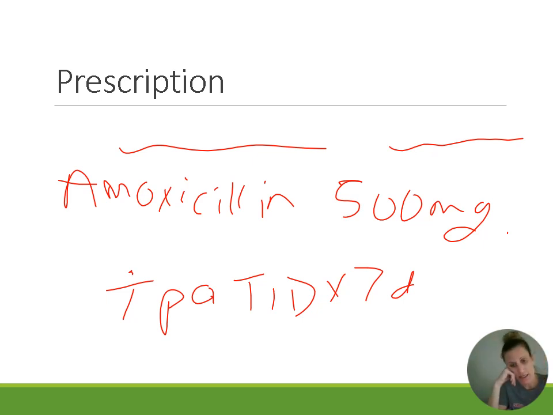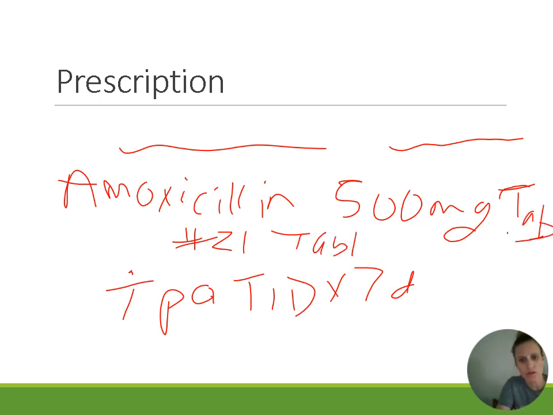That means the patient needs 21, right? Dispense 21 tablets, 0 refills, and then I'm going to sign it.